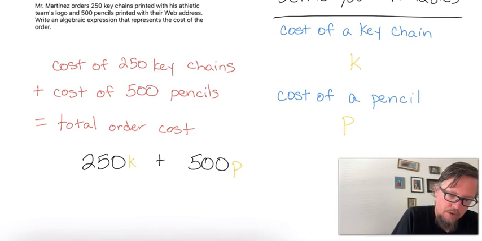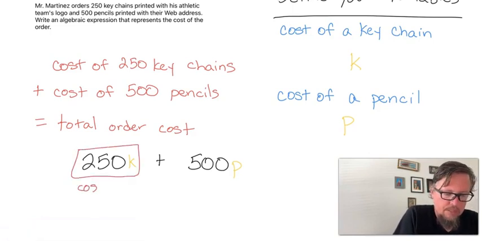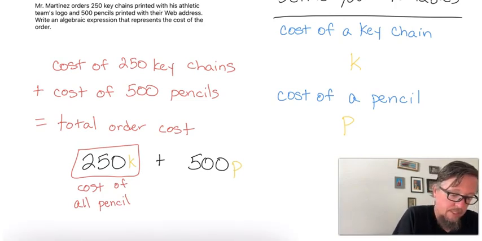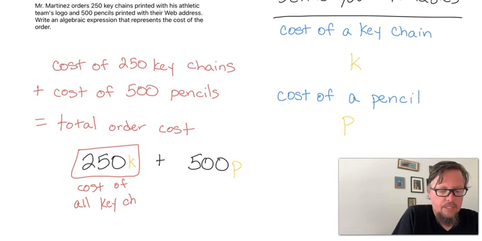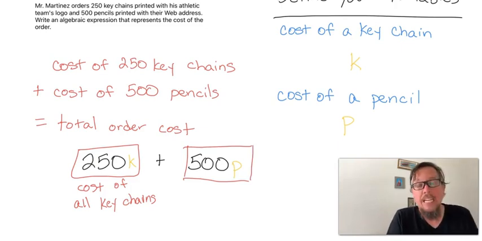So this first part right here, this is the cost of all the keychains. Oh, sorry, I said pencils and I meant keychains. See, this is why it's important to use K for your variable. As soon as I looked up and saw that K, I was like, wait, pencil doesn't start with K. I'm pretty sure pencil does not start with K. Over here, we've got 500P.